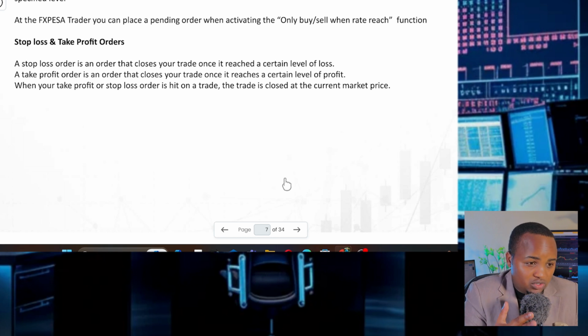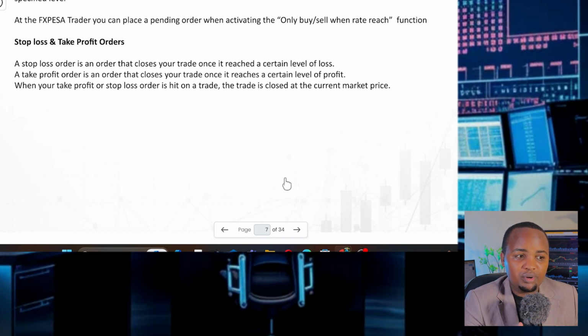Let's say my target profit is $1,000, and the stop loss I want is $200. According to my analysis, I'll set it so that when the market hits $1,000 profit, it will close automatically. Whether I'm there or not, the market will close automatically.